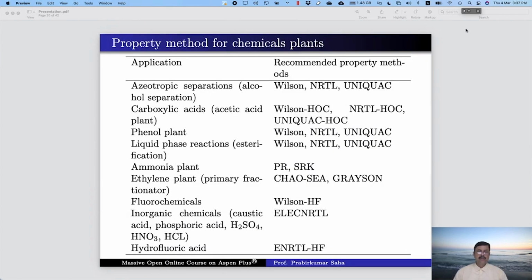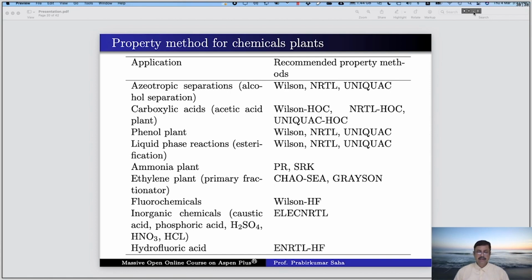And for chemical plants, we have recommended property methods like Wilson, NRTL, UNIQUAC for azeotropic separation like alcohol separation, phenol plant, and liquid phase reactions like esterification.